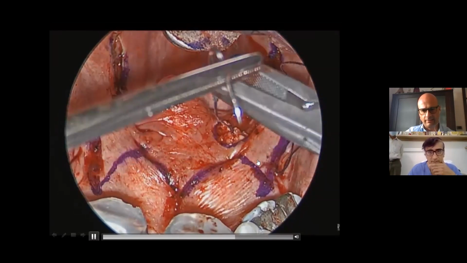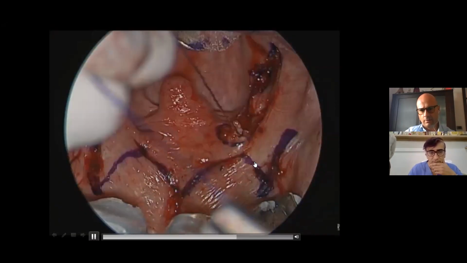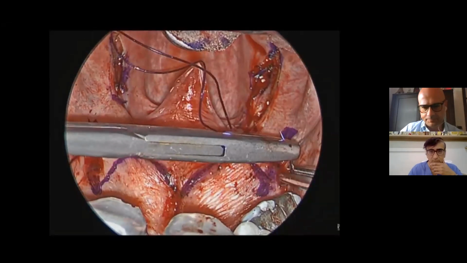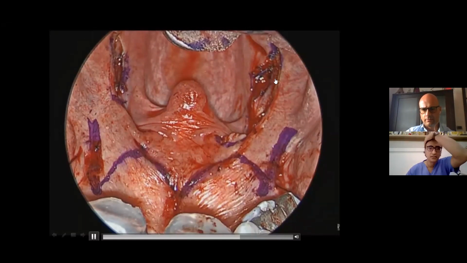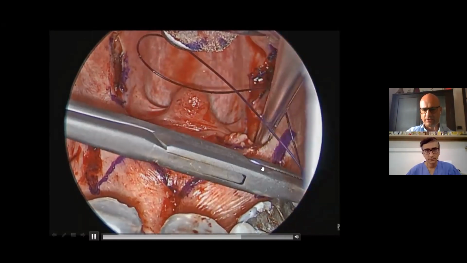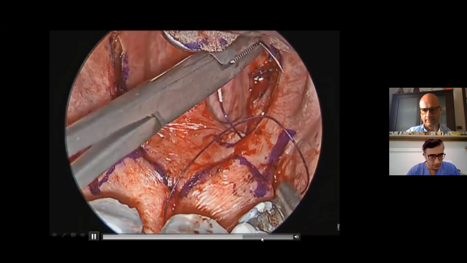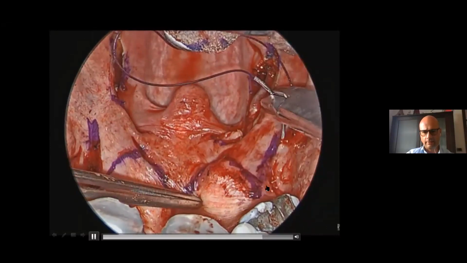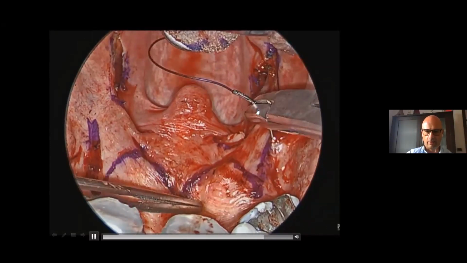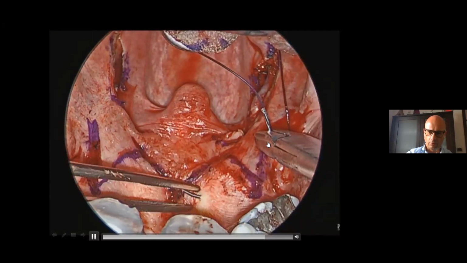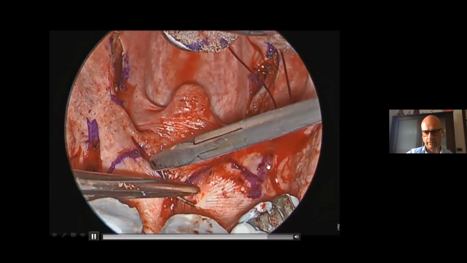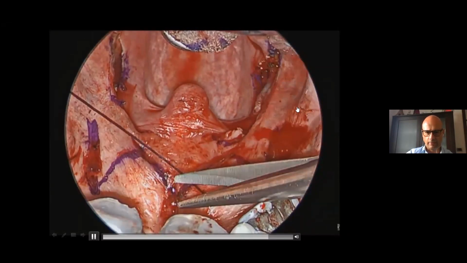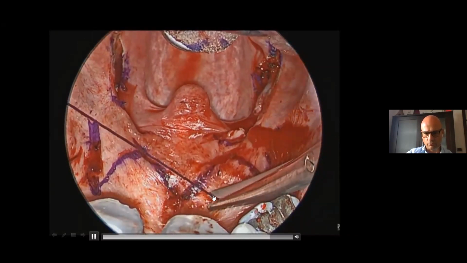In the right side, in this patient, we have performed three passages every side. I go ahead. At the end of the procedure, we go medially again to finish our procedure, and we cut the suture close to the mucosa.